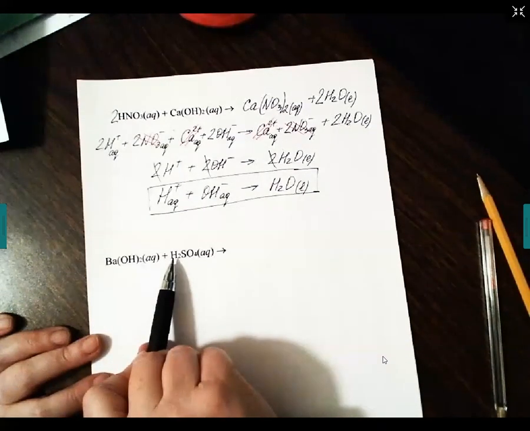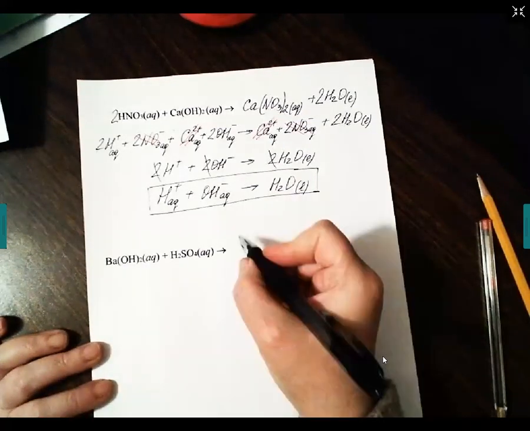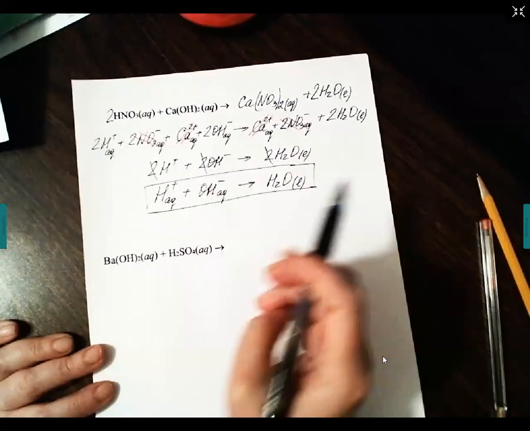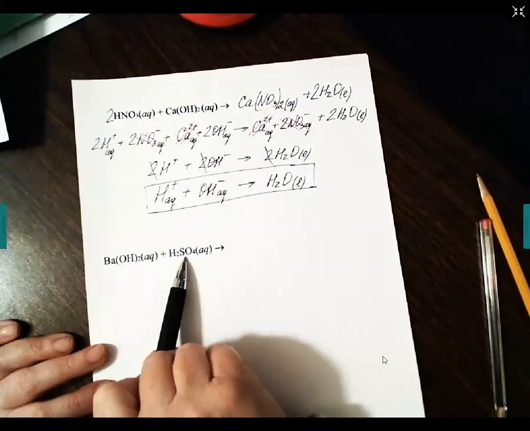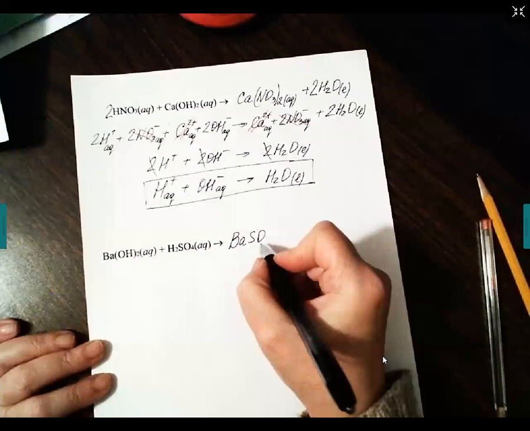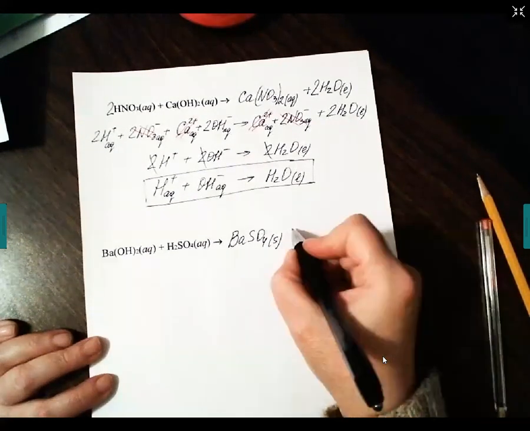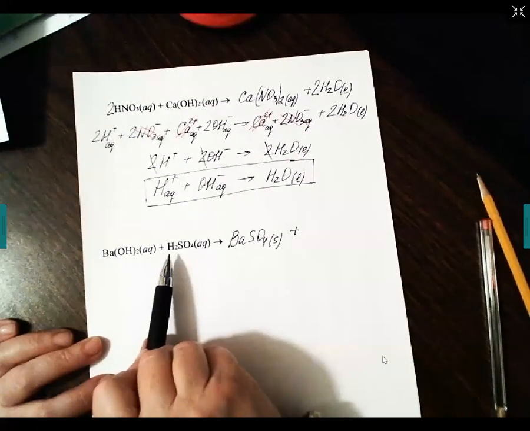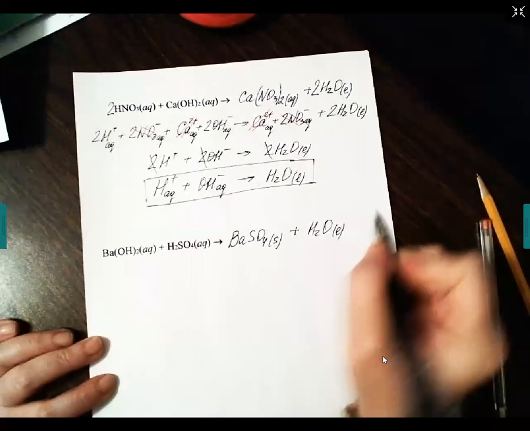Now the next, also neutralization, base and acid. We know that according to the double displacement rule, we should combine barium 2 plus with sulfate 2 minus. So we already know it's going to be barium sulfate, and we know this is insoluble, solid. And the rest, OH minus and H plus, will give us water, liquid.